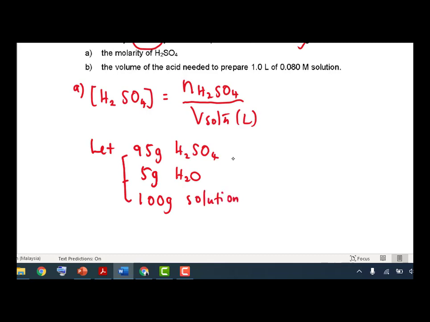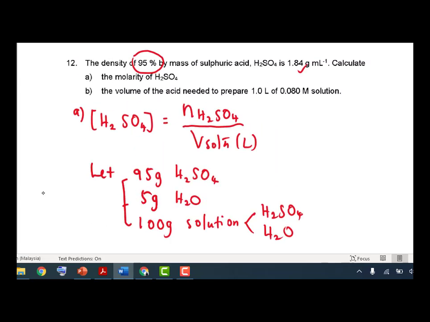So what do we have in the solution? Of course, sulfuric acid plus water. Question is asking you to calculate the molarity. Since you have the mass of 95 gram, of course you can determine the mole of sulfuric acid.